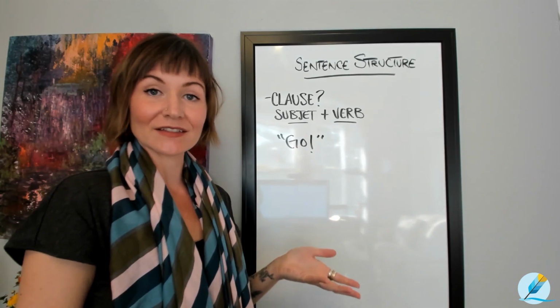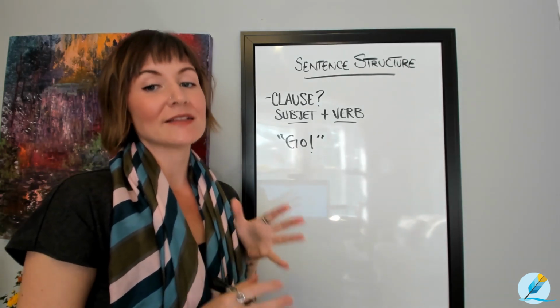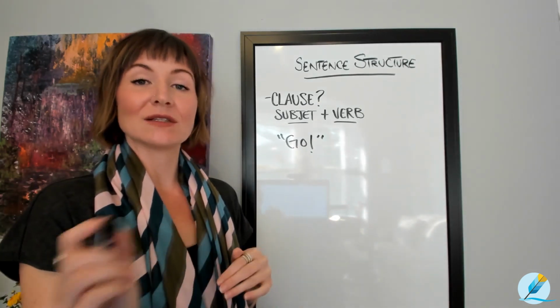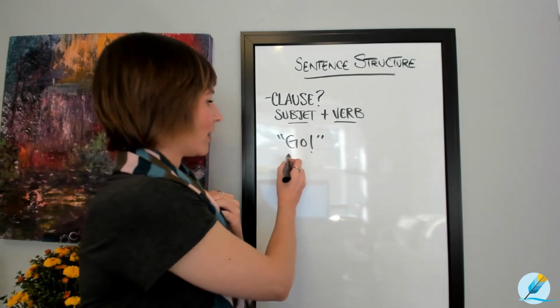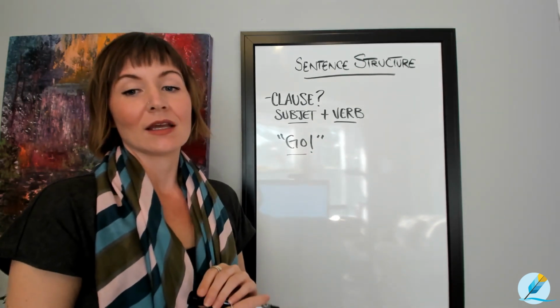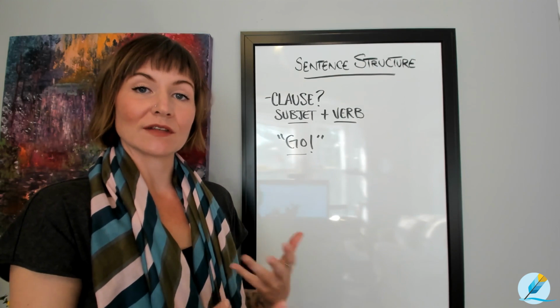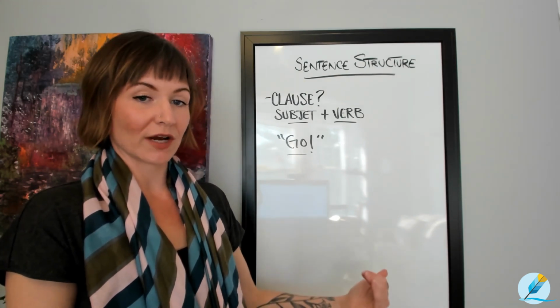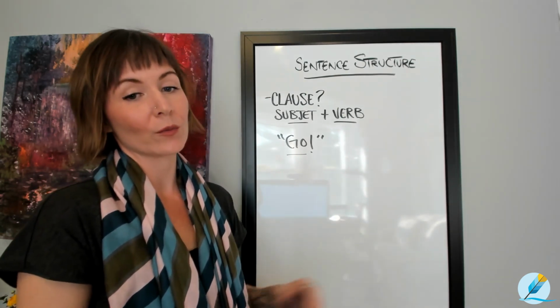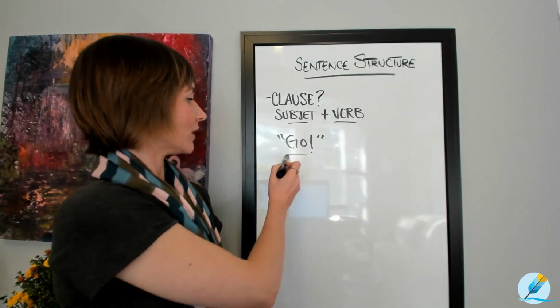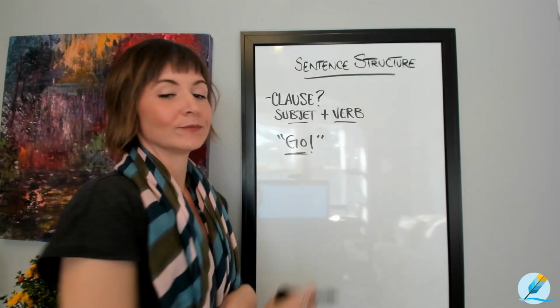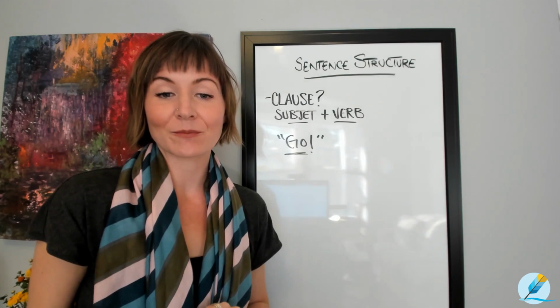Is this a sentence? Yes, it is a sentence because it contains an independent clause. The word you is implied, so we are giving a direction. You go. And the verb go is included. So that makes it a sentence.